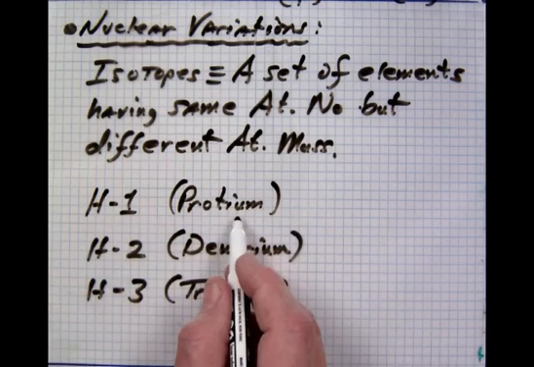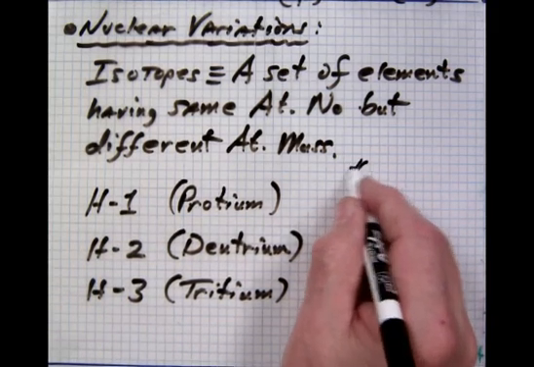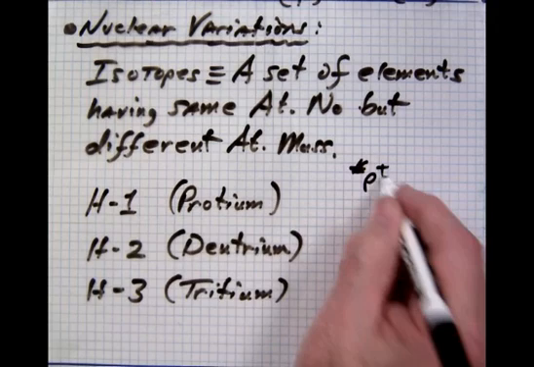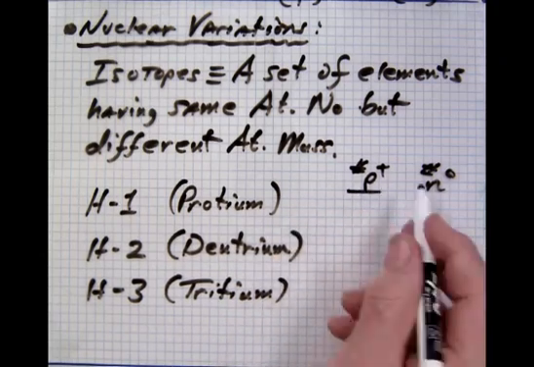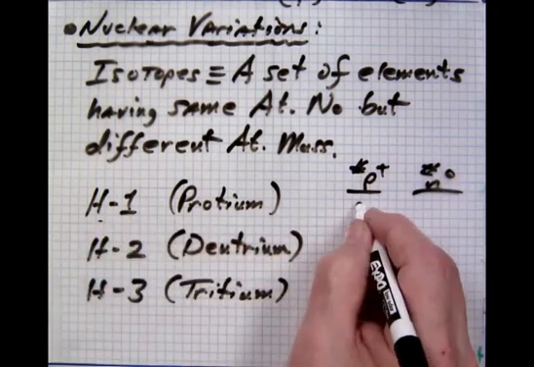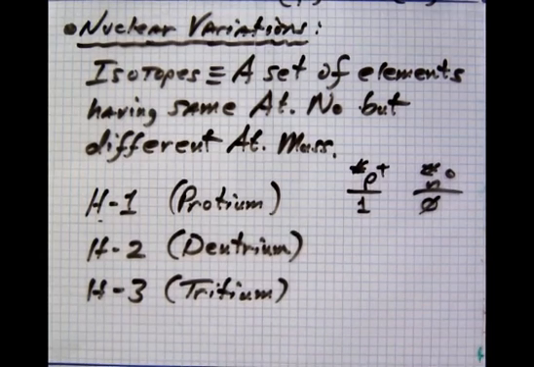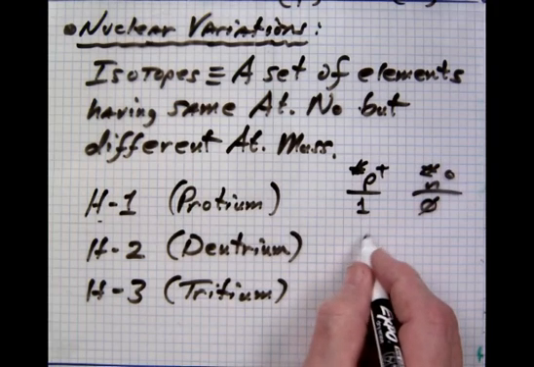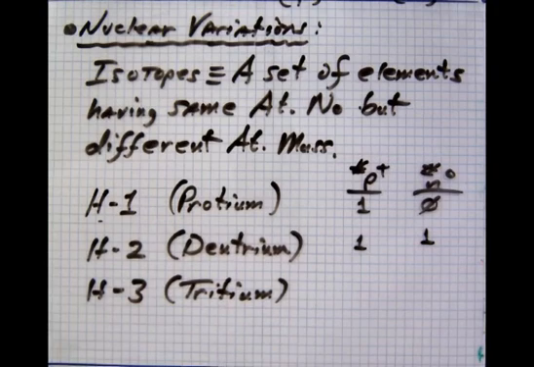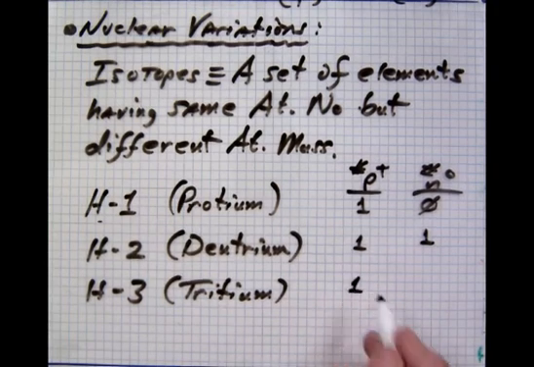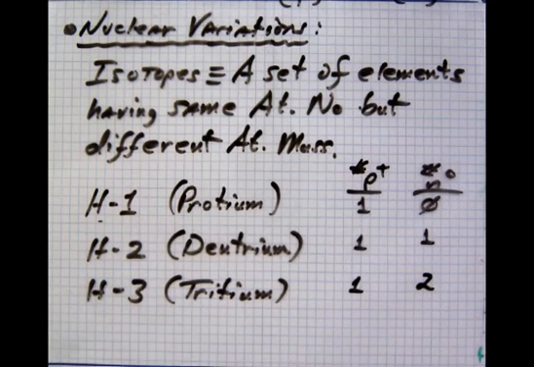But in the protium, let's get the number of protons and the number of neutrons associated with these. Protium has 1 proton and 0 neutrons, and deuterium has 1 proton and 1 neutron, and tritium has 1 proton and 2 neutrons.